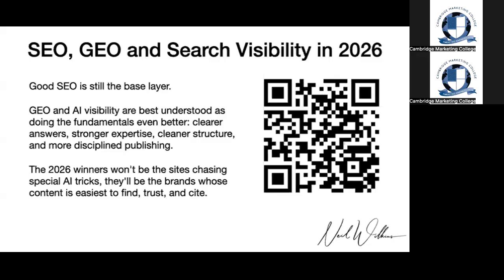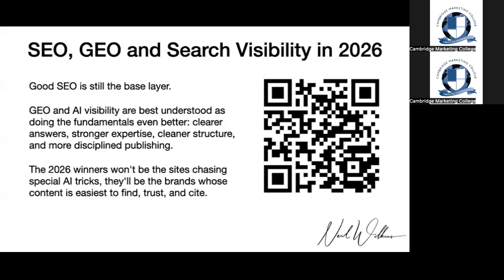So GEO, generative engine and AI visibility, this idea of AI agents searching your content, is best understood by just thinking about doing SEO even better. So giving clearer answers in your content and your copy, demonstrating stronger expertise in everything that you talk about, having a cleaner structure and a more disciplined approach to the kinds of content that you're publishing.